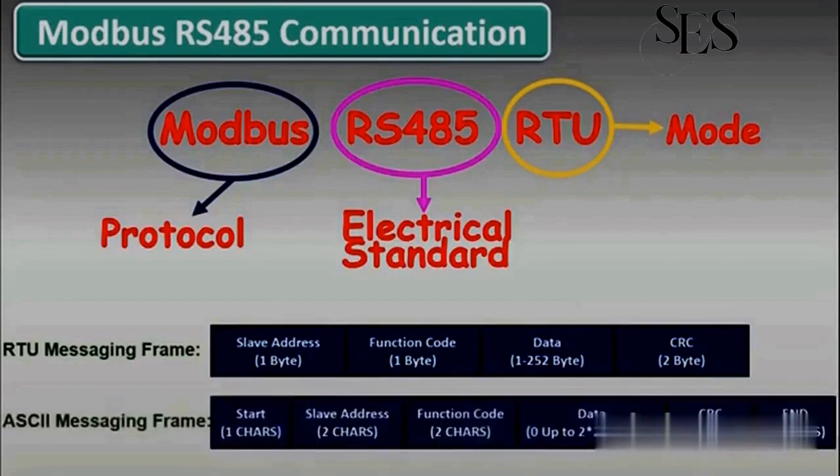Similarly, ASCII messaging frame has some structure as RTU with addition of some checks at the start and end. The data in ASCII messaging frame is in character or string base.